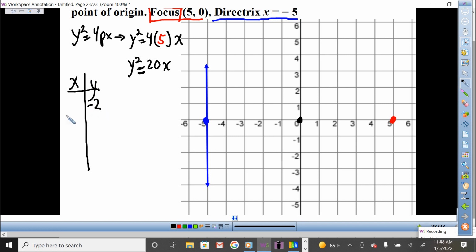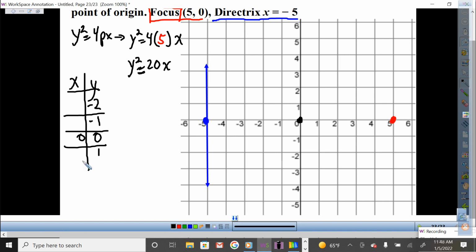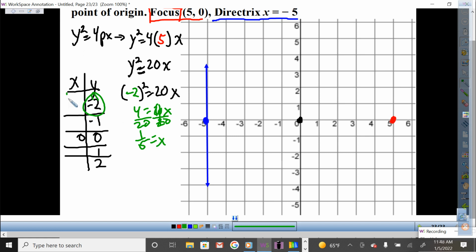Y: -2, -1, 0, 1, 2. And same process. Parentheses squared equals 20x. Substitute -2. That's 4 equals 20x. Divide by 20. That's 1/5 equals x.